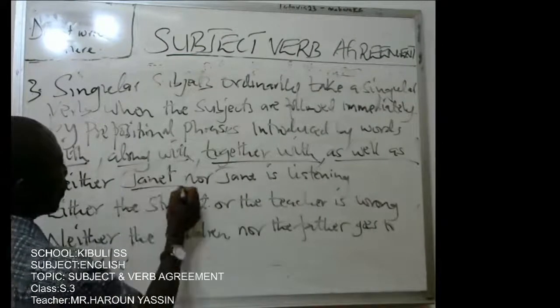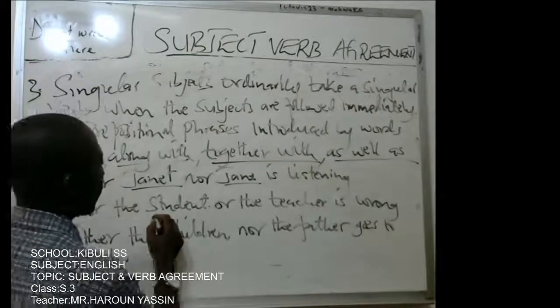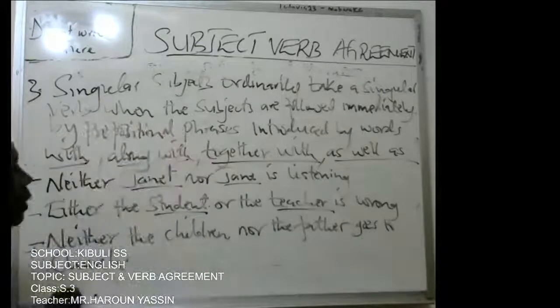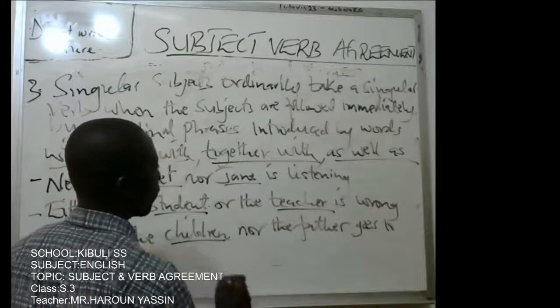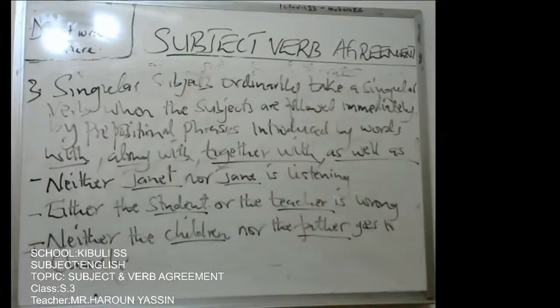We have got Janet and we have got Jane. Then in the second sentence, either the student, either the teacher. And in the third sentence we have got children and we have got father. I want you to closely look at these sentences.